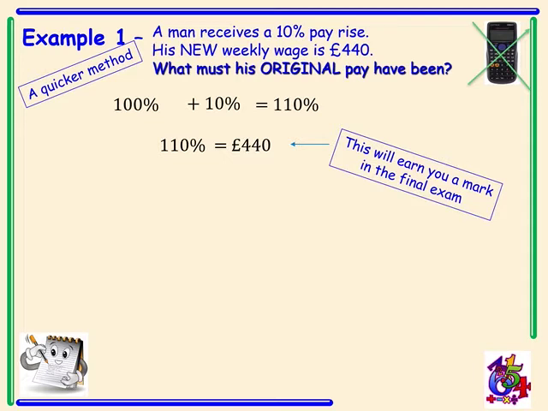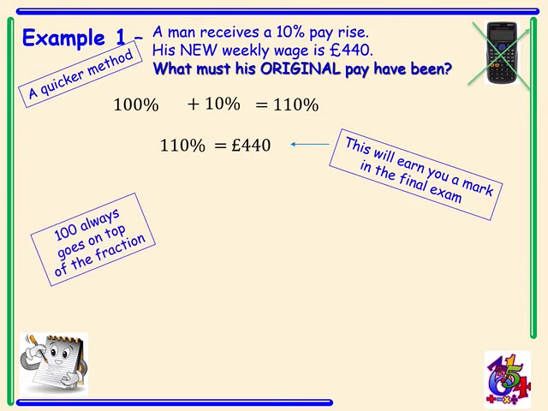From there, we need to create the fraction. We're always working back to 100, so we're trying to work back to 100%. So we do 100 over 110, 100 always goes on top, and we times by 440. You may be thinking, how on earth am I going to do this without a calculator? What we can do is cancel down.